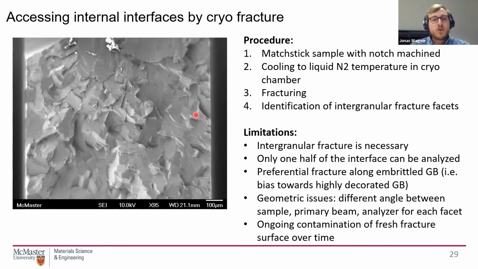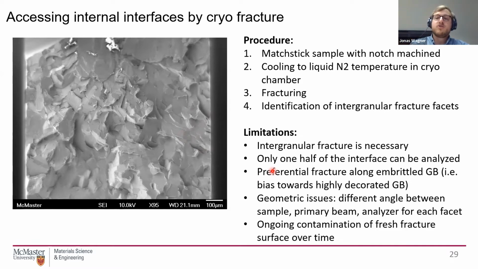Also, if you want to use this data to calculate any thermodynamic properties, you must be aware that you're preferentially fracturing along embrittled grain boundaries, right? So your results might be biased towards the highly decorated grain boundaries, because low angle grain boundaries or grain boundaries with less segregation will not lie in the fracture path.